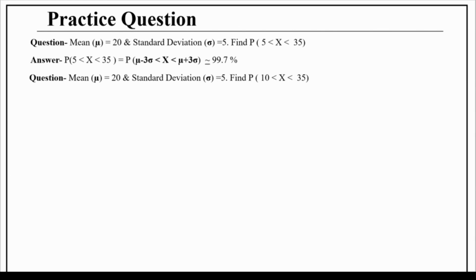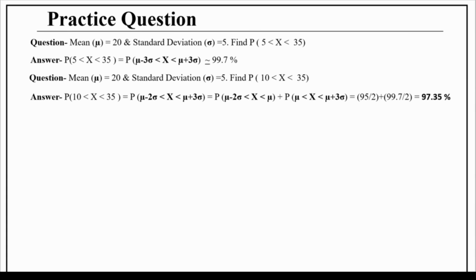So the probability of the first range is 95 divided by 2, that is 47.5%. Second one is in a range between mu, that is 20, to mu plus 3 sigma, that is 35, which is half of the probability of mu minus 3 sigma to mu plus 3 sigma. Therefore the probability of the second range is 99.7 divided by 2, that is 49.85%. Combining both, we get the probability for this question as 97.35%.